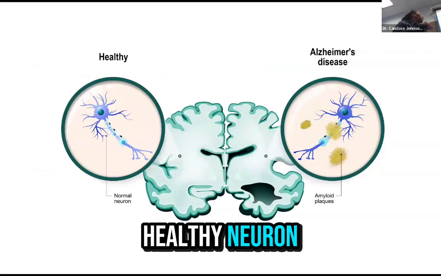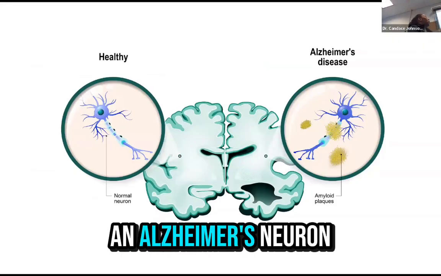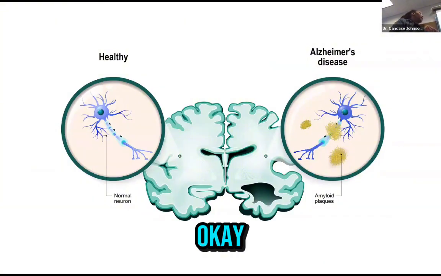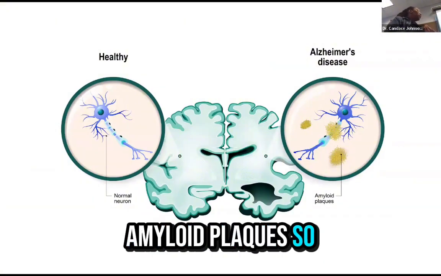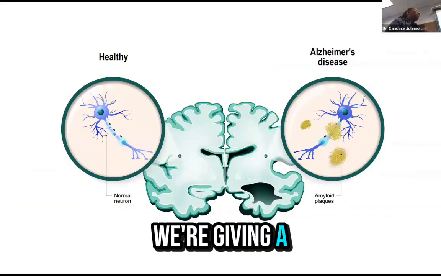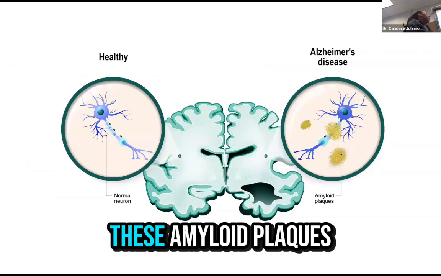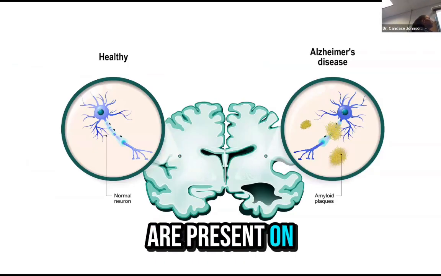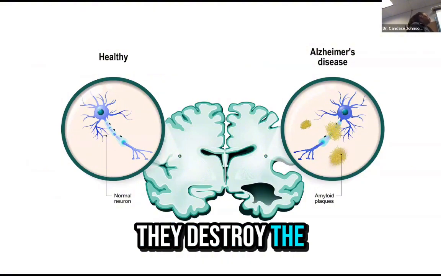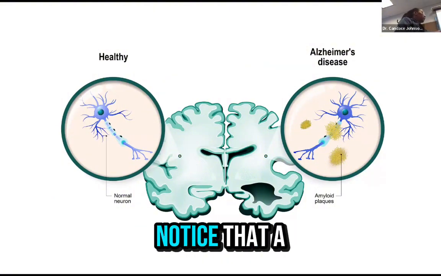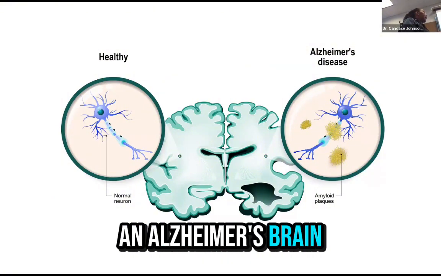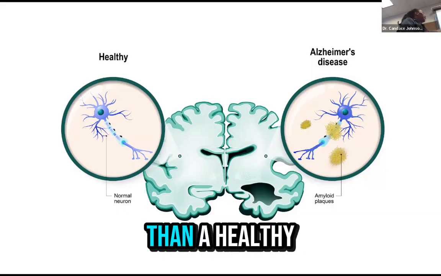All right, so a healthy neuron, an Alzheimer's neuron. Amyloid plaques. A lot of times we're giving a name to something that cannot easily be visualized, but let's say these amyloid plaques are present on the neuron, they destroy the neuron. You will also notice that an Alzheimer's brain is more atrophied than a healthy brain.